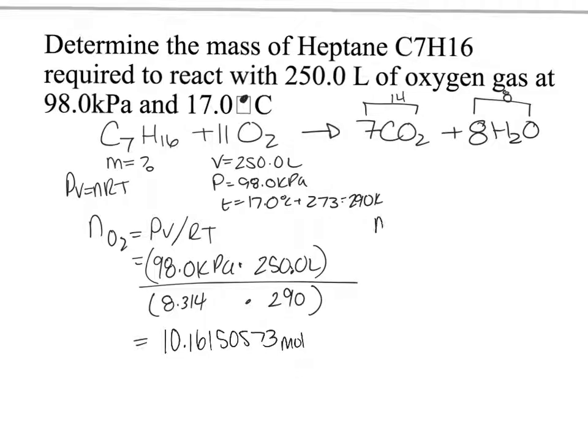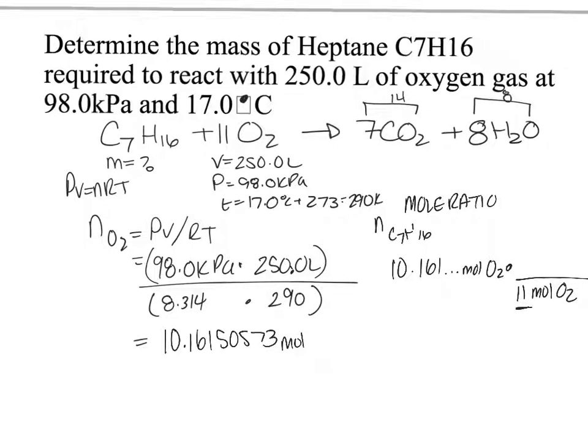Now I'm going to have to figure out the number of moles of heptane that I have by using the mole ratio. So I'm going to take the moles of oxygen that I just figured out, and I want to get rid of moles of oxygen, so I'm going to take the 11 from the balanced equation and 1 from the balanced equation for the heptane.